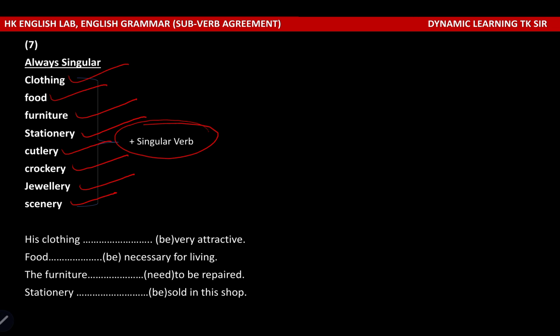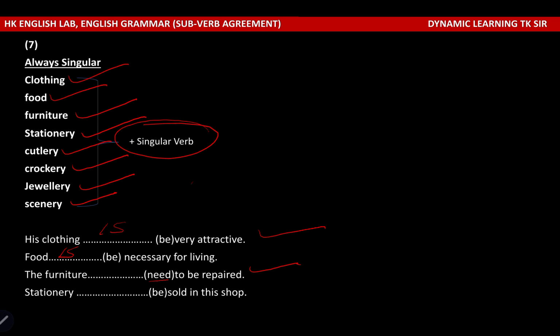All these nouns are always singular in form and they always receive the singular verb. Okay, if you got it, then answer all these questions. Is clothing dash very attractive? Of course, that will be. Is food dash necessary for living? Of course, food is necessary for living. The furniture dash to be repaired. Got it, everyone? What will be the answer here?